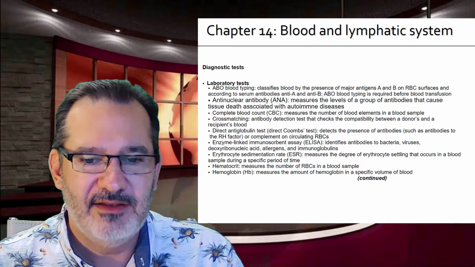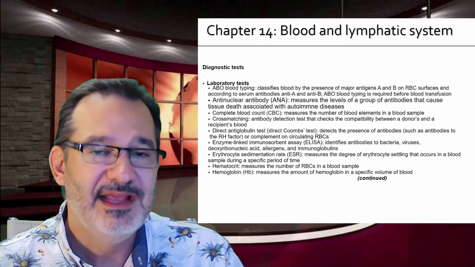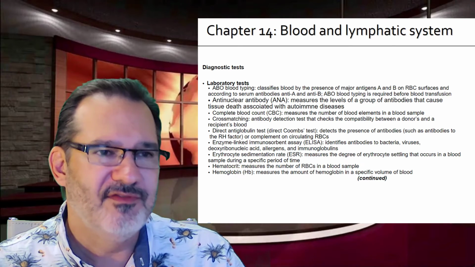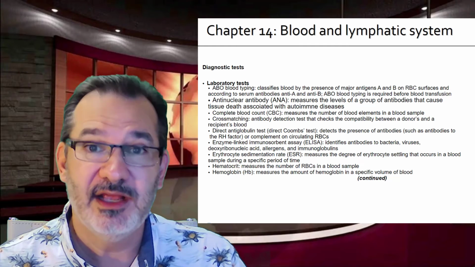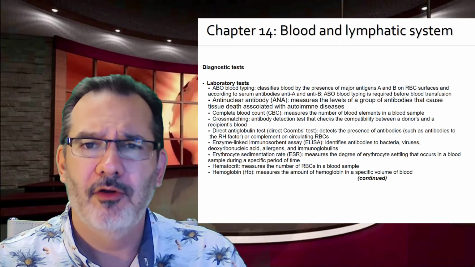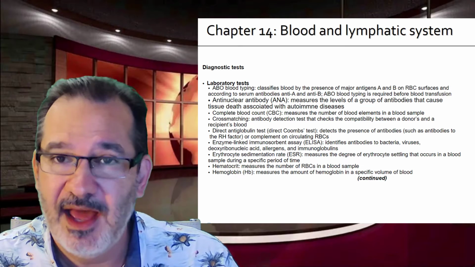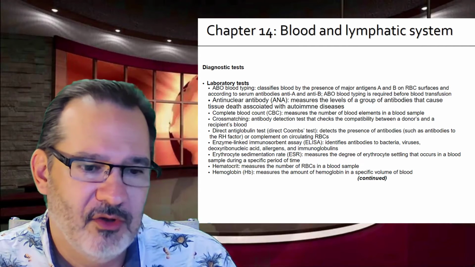It measures the degree of erythrocyte settling that occurs in blood. An ESR is a good inflammatory marker for something like rheumatoid arthritis or other arthritic conditions. We oftentimes draw an ESR with that or to look for that and potentially diagnose.